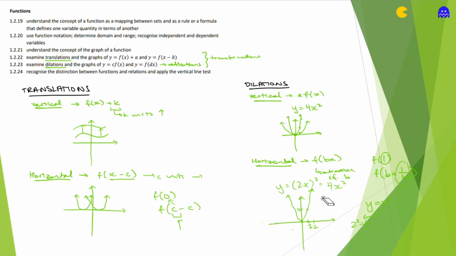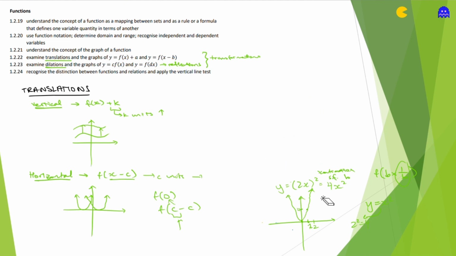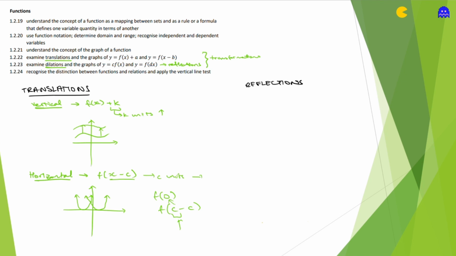Okay, the last thing I want to look at is reflections. Reflections similarly can be horizontal or vertical, and I'll show you why they would be considered a kind of subset of dilations in terms of what you do algebraically. When it comes to vertical reflections, essentially what's happening is you are using the x-axis as a mirror.